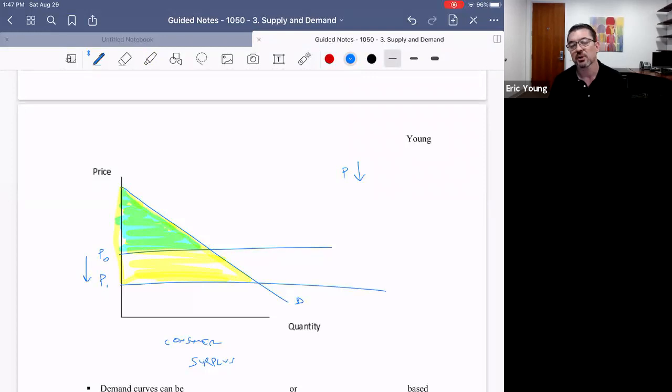Notice that if I asked you to crunch this out, you would first start by calculating the original consumer surplus, which is this triangle here.